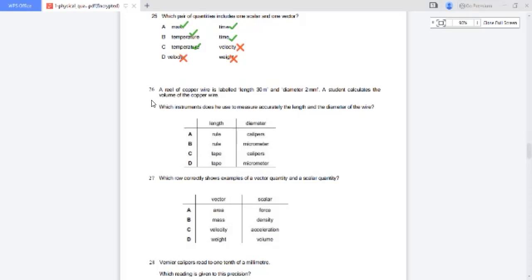In option A, mass and time both are scalar quantities. In option B, temperature and time both are scalar quantities. In option D, velocity and weight both are vector quantities. In option C, temperature is a scalar and velocity is a vector quantity, so this pair contains both. So the correct option is C.